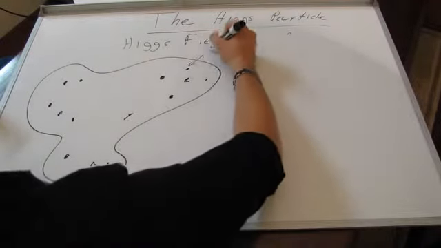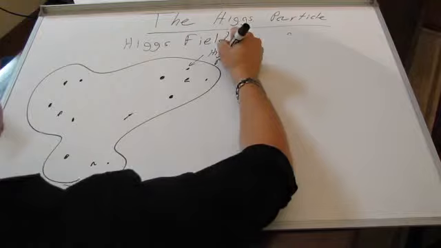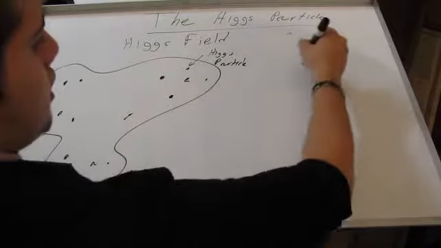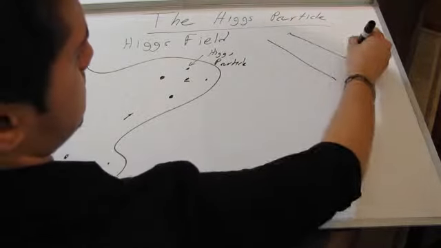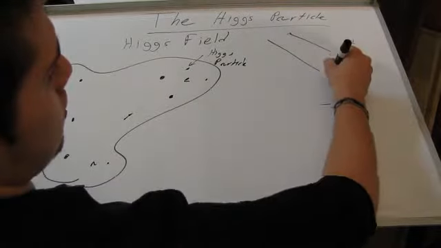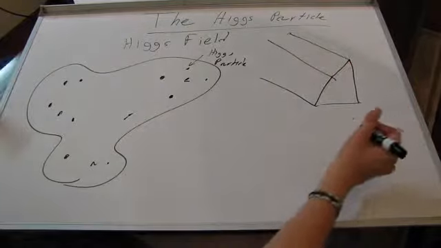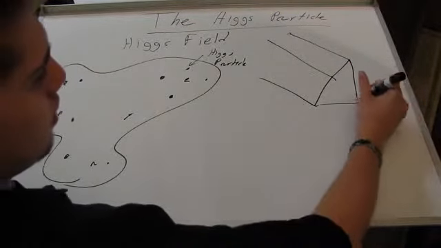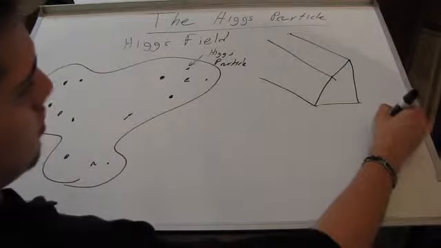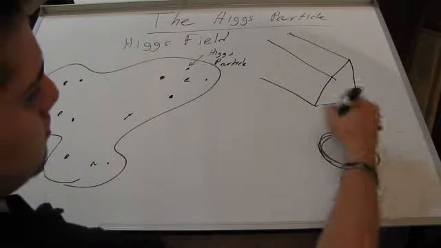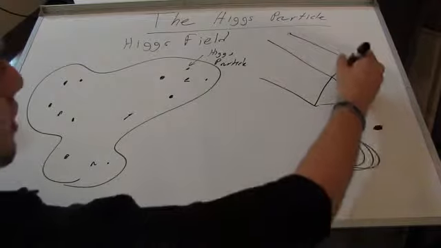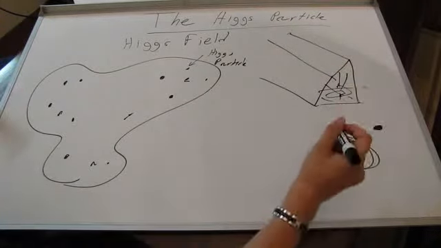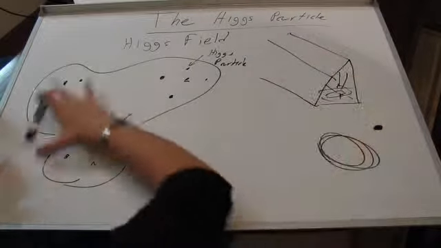Now, to better explain this, we're going to create a 3D diagram of a square. In this diagram, we're going to have a tennis ball and a basketball. Let's think that here there are little lines, and inside here is the Higgs field.